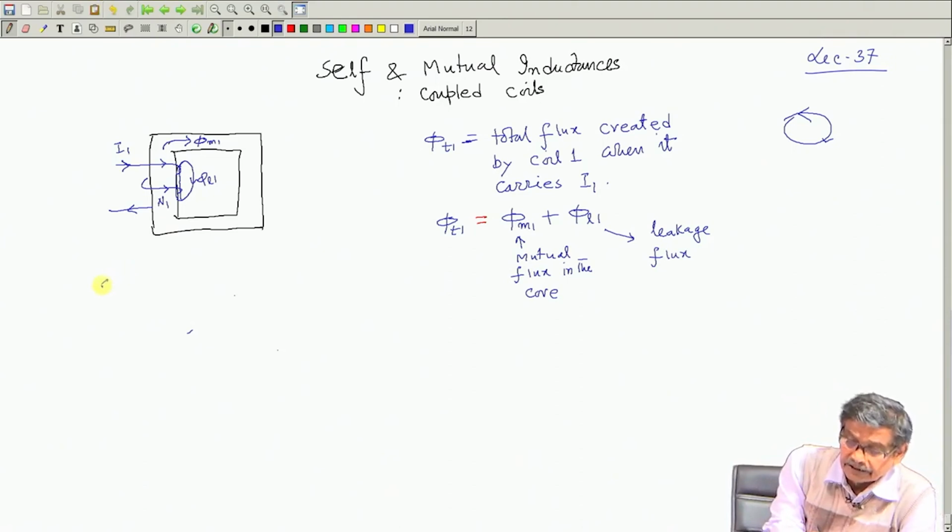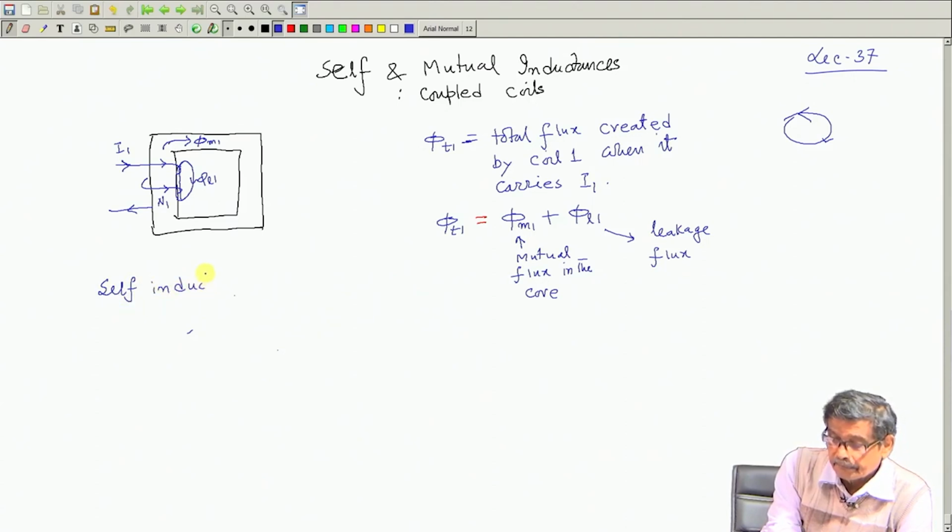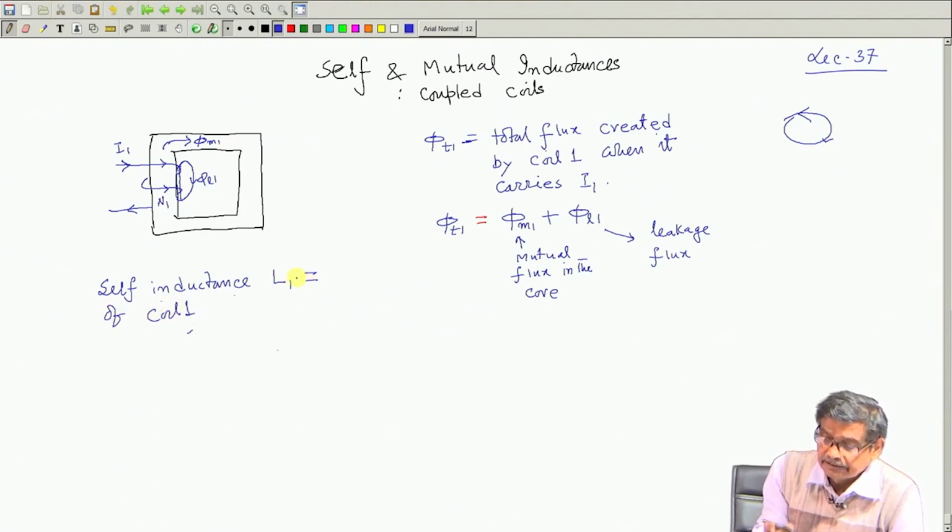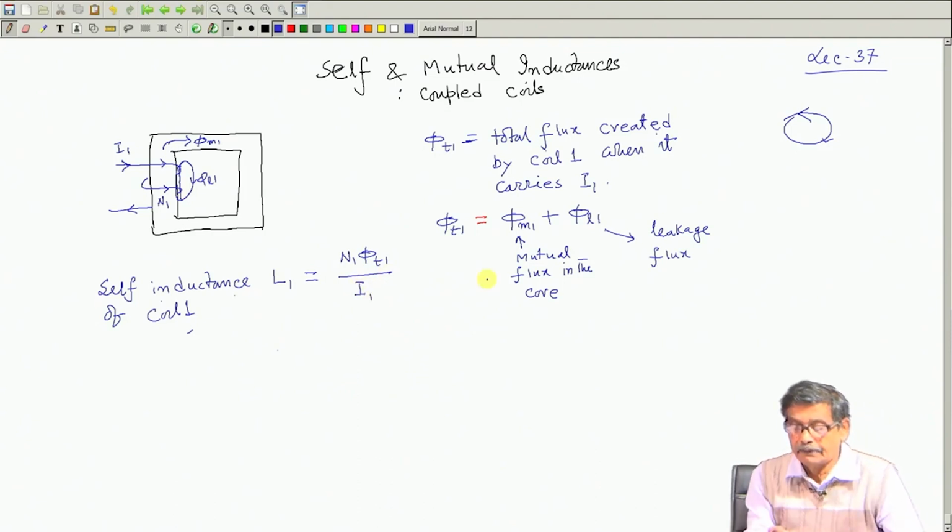By definition, self inductance of coil 1 is defined as flux linkage per unit ampere. That is, N1 phi T1, the total flux linkage when you pass 1 ampere current, that is, you divide by I1. This is what self inductance is all about, clear.